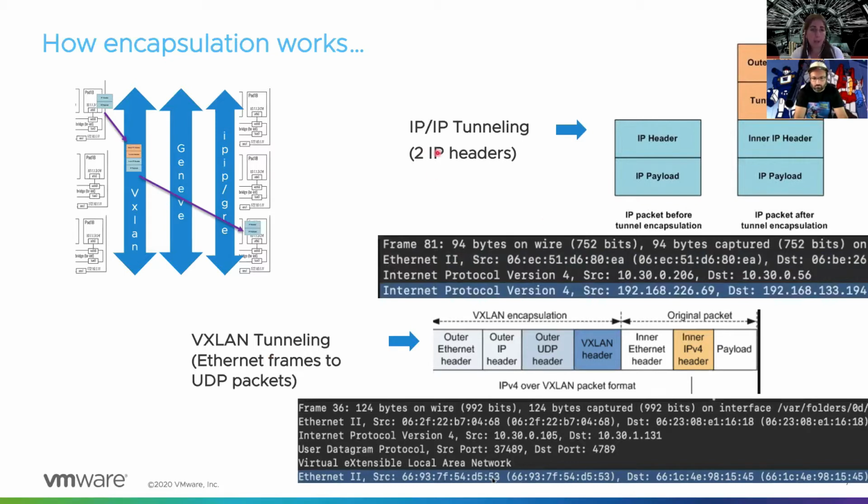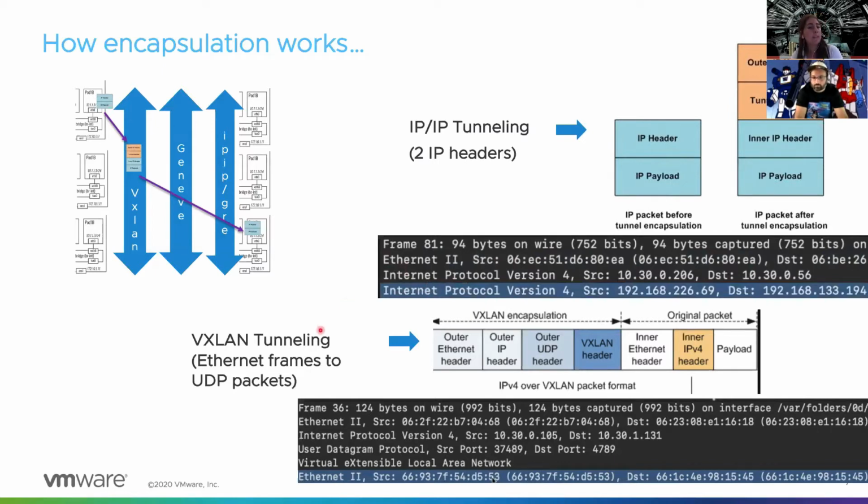For example, in IP in IP tunneling, you see this is the IP header which has pod IPs, and it gets encapsulated with another header with node IPs, so that the underlying network will only have to route node IPs. When you capture the packets using Wireshark, you will see two IP headers in the packets.